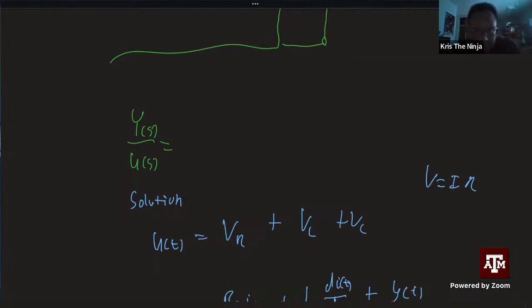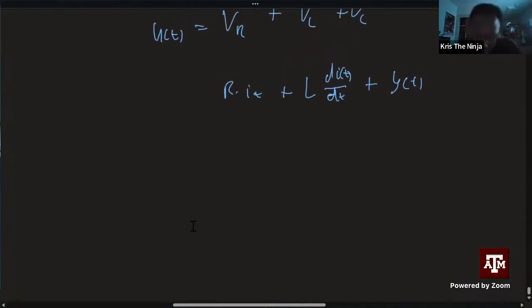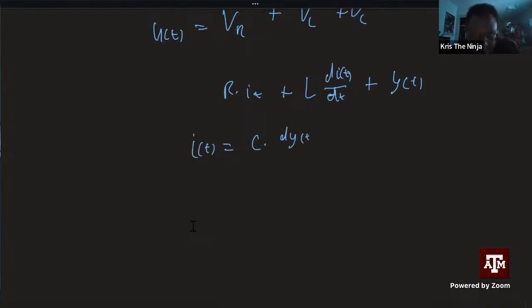We know from this part of the equation that i(t) is equal to C times dy(t)/dt.